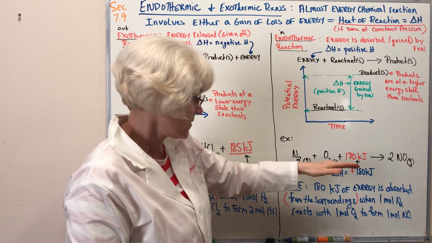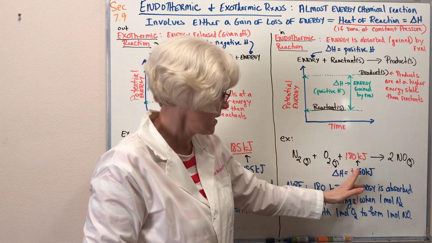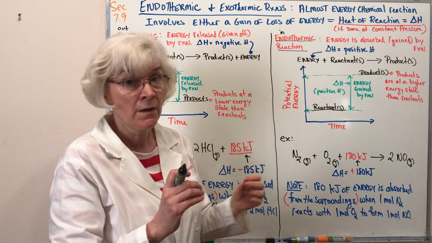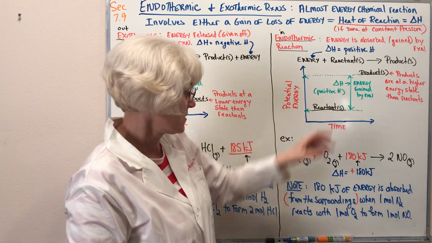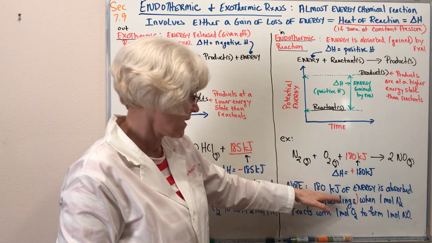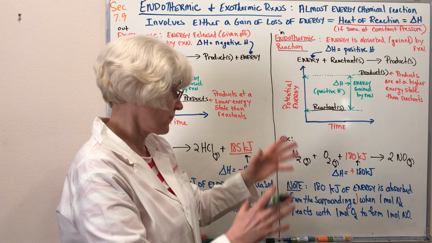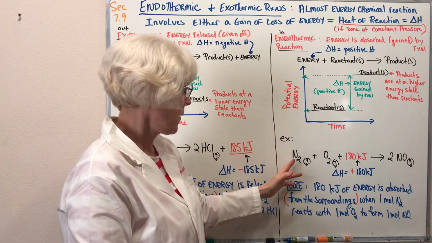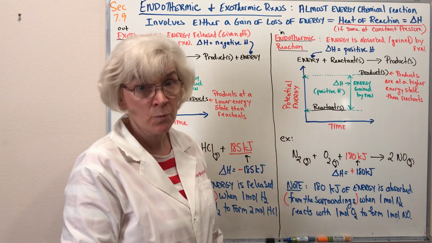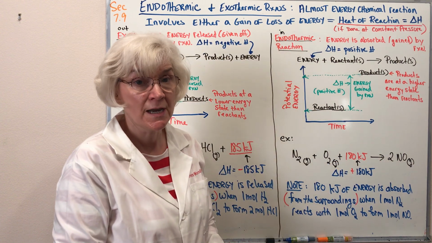So our delta H value of 180 kilojoules would have a positive sign with it, indicating that this reaction is an endothermic reaction, that 180 kilojoules of energy have to be absorbed from the surroundings when 1 mole of nitrogen reacts with 1 mole of oxygen to form 2 moles of nitrogen monoxide.